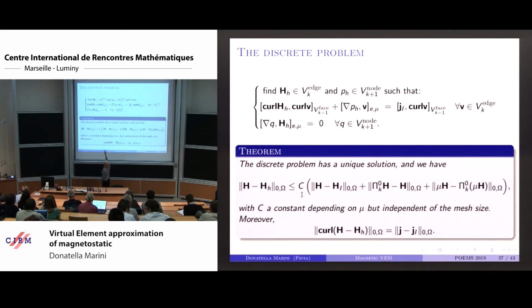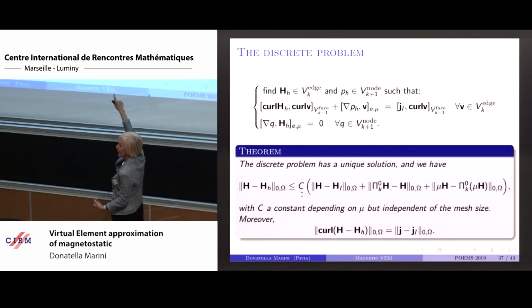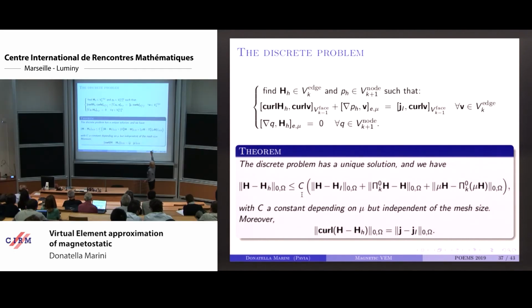Here we have a first term, which is the error between h and the edge interpolant of h. The second term is the error between, again, h and the projection of h onto polynomials of degree k. And the third one is the error on the permittivity h minus the projection of B. This is the B part, the magnetic induction.